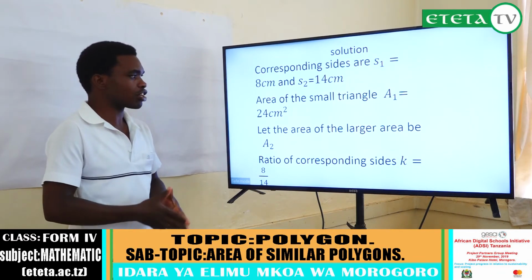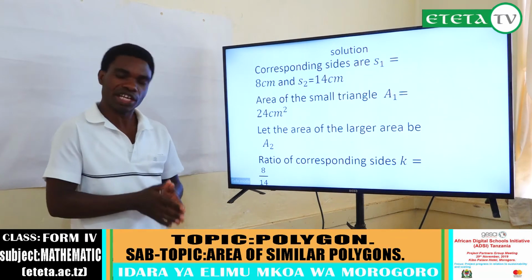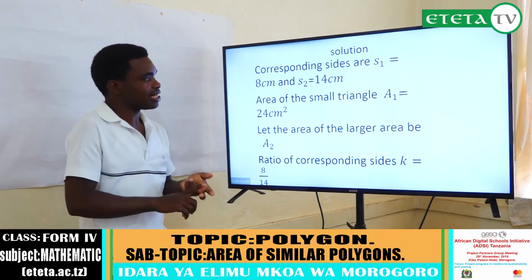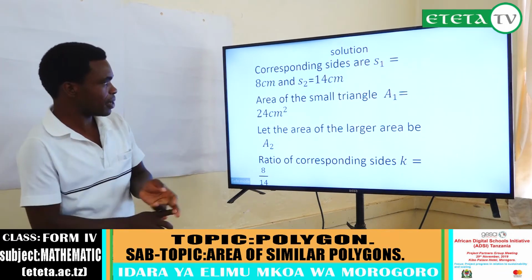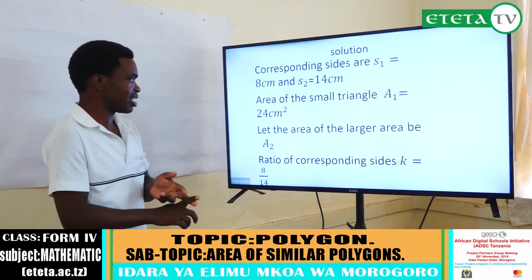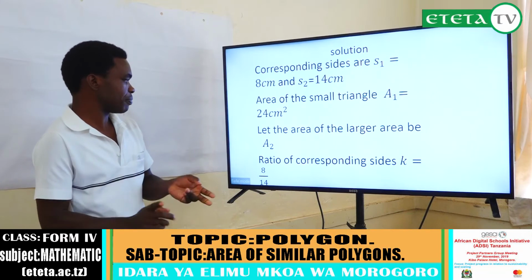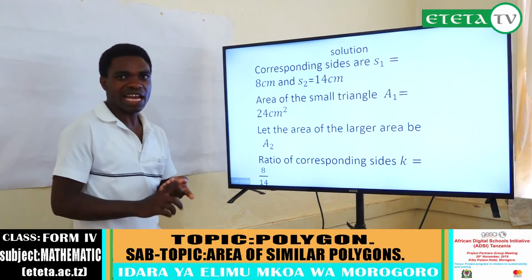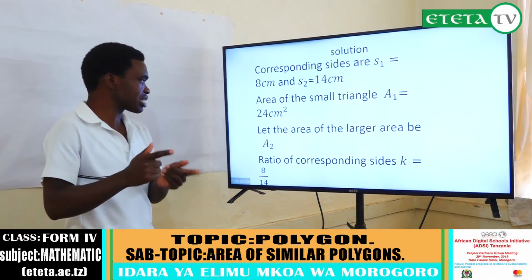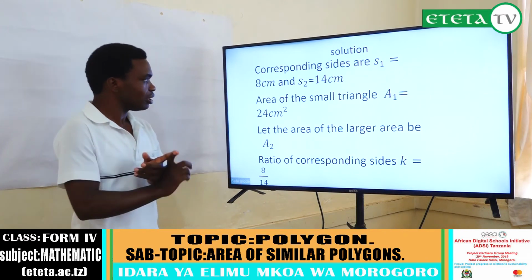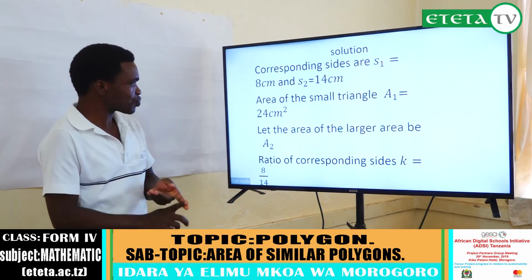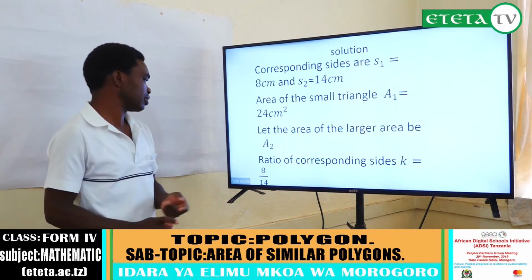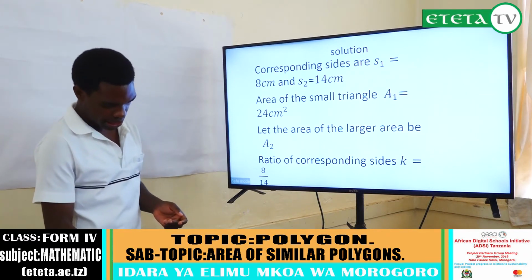Since we are given the corresponding sides, we have to take the ratio of the smaller over the bigger. It's not a must, but if you decide to take the smaller to the bigger, it must work in a similar way for the areas. So if we take S1 over S2, it will be 8 over 14.